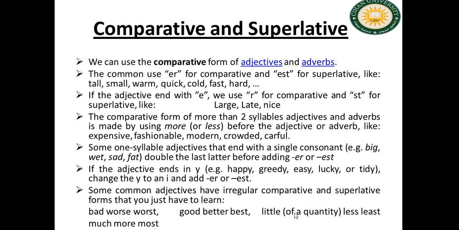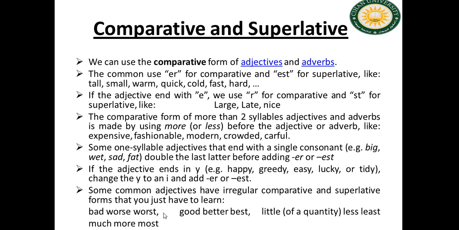Okay. So for little, it's possible to use a few. Okay, few water. But I'm telling you about the adjective little. So for little, use less and least. Less for comparative, least for superlative. It's wrong if you put littler, littlest. This is completely wrong. Much, you put more or most.